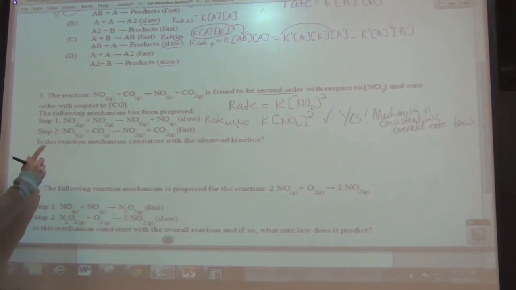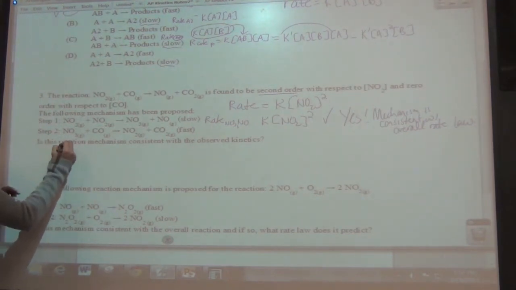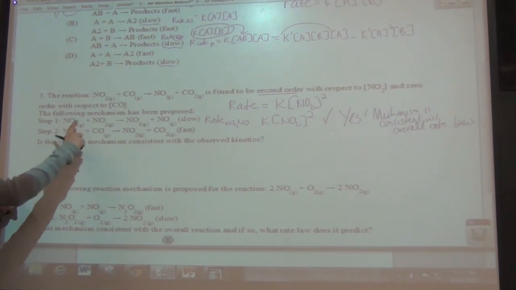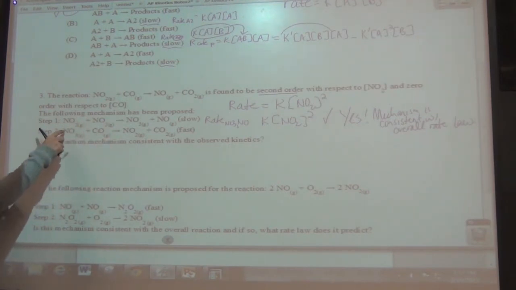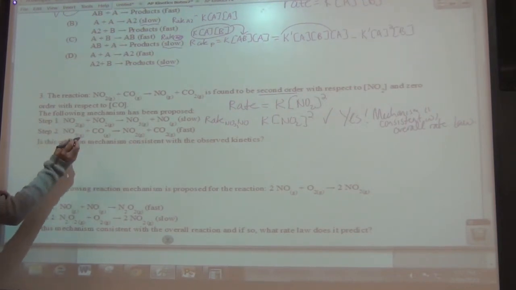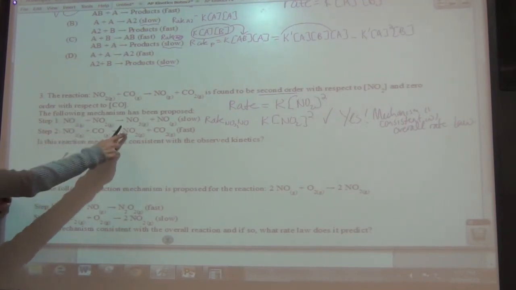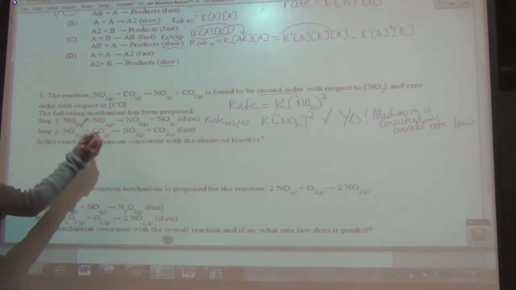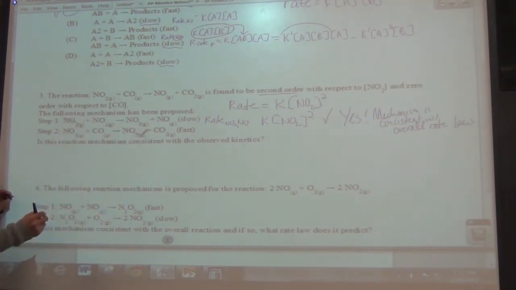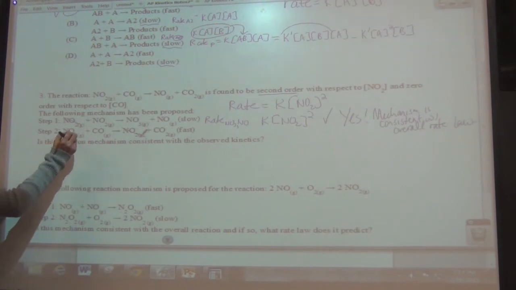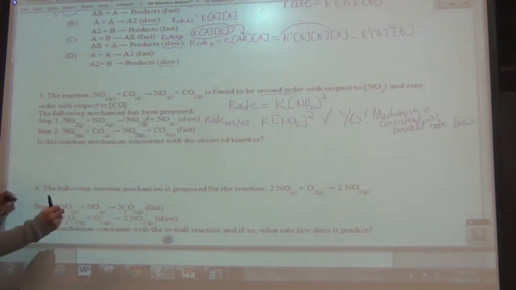And so what you do in order to do that is, if I want to cancel things out that appear on both sides, can you tell me what you see that cancels out on both sides here? The NO2 cancels out here and here, so one of them cancels out with one of them there. What else cancels out? The NO3 cancels out there, and is there anything else that cancels out?